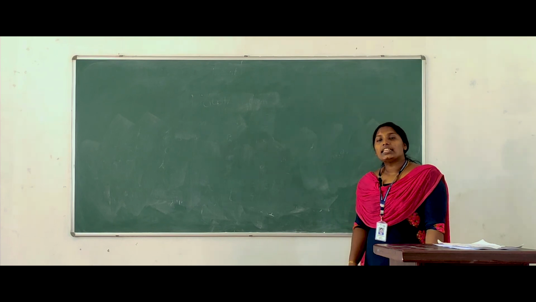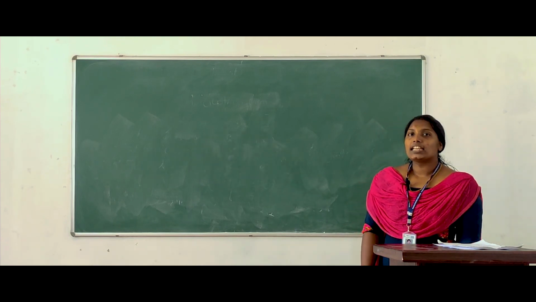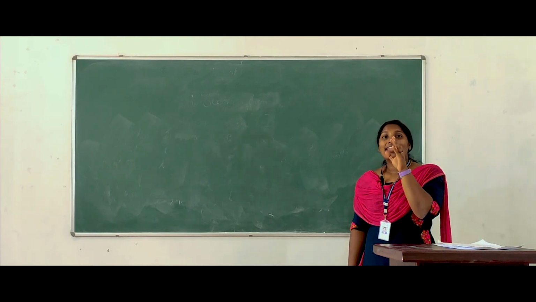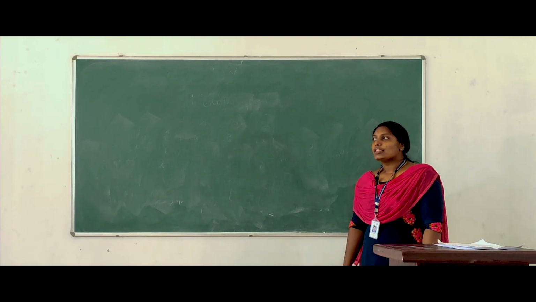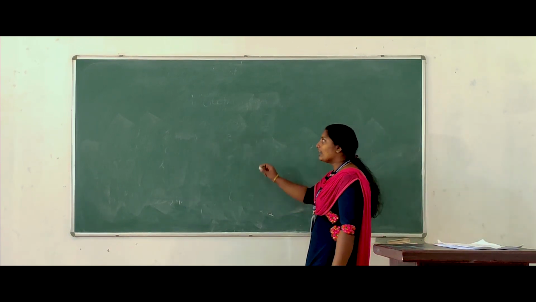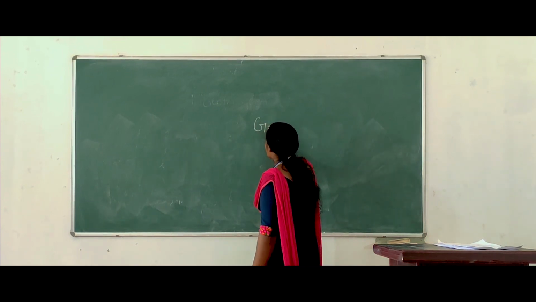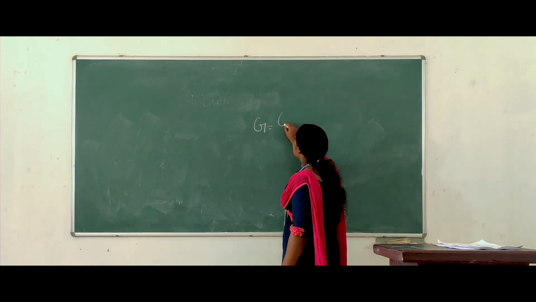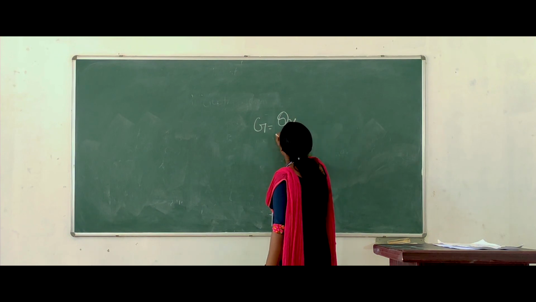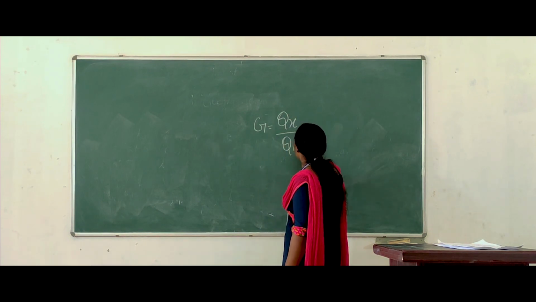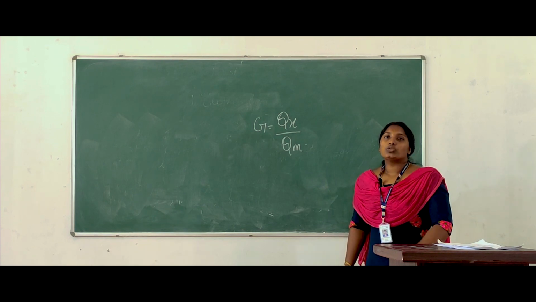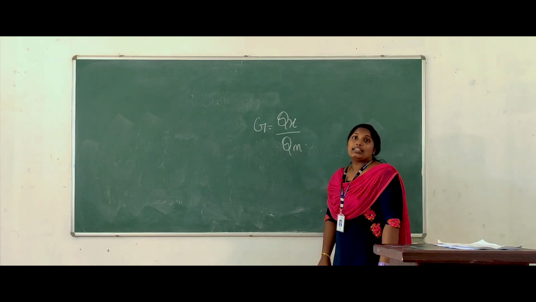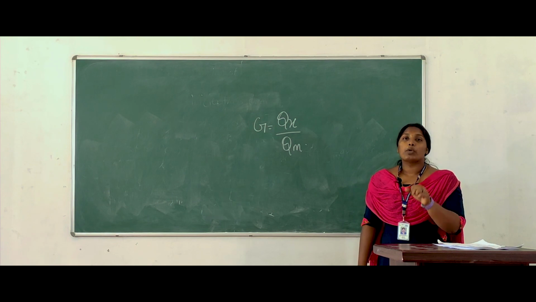On the other hand, gross barter terms of trade is the ratio of the index of physical quantity of export to import. It is denoted as G, equal to Qx divided by Qm, where Qx is the export quantity and Qm is the import quantity.